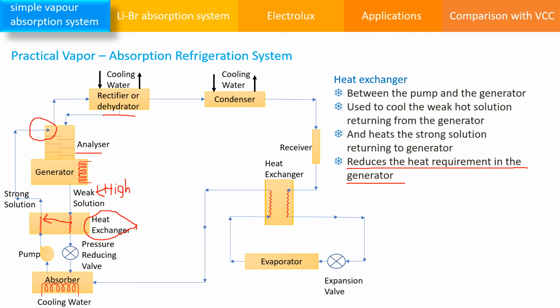So this concludes this session, and we will see the lithium bromide absorption system and Electrolux, which are variations of the vapor absorption system, in the next session. We will simultaneously see the applications of the vapor absorption system and compare it with the more commonly used vapor compression system.